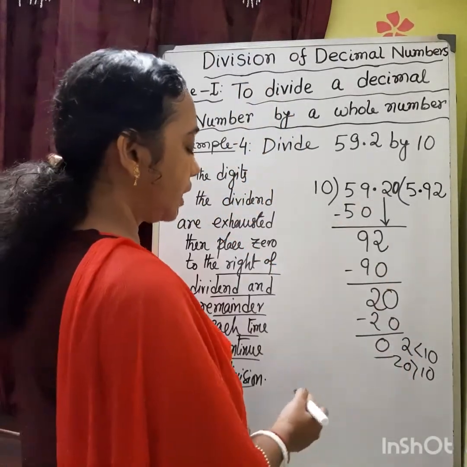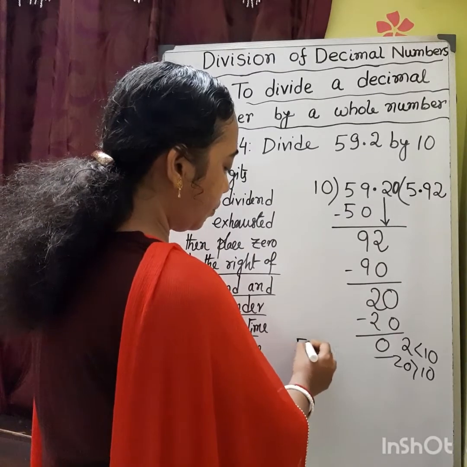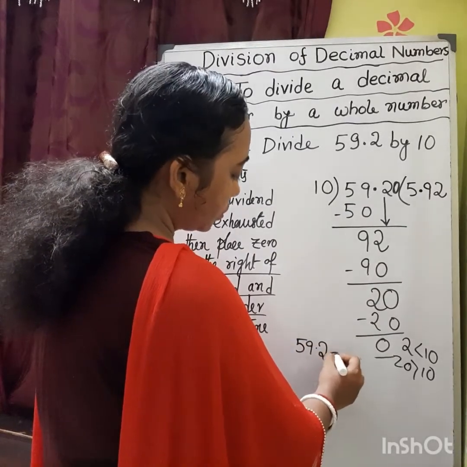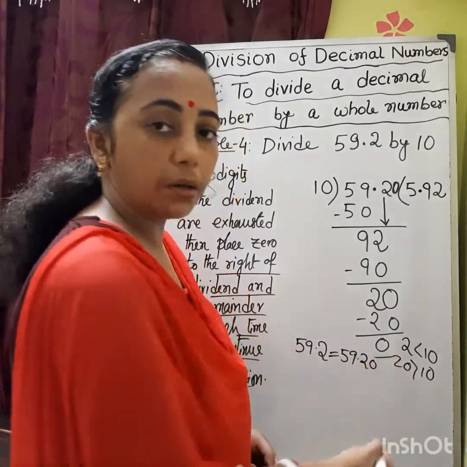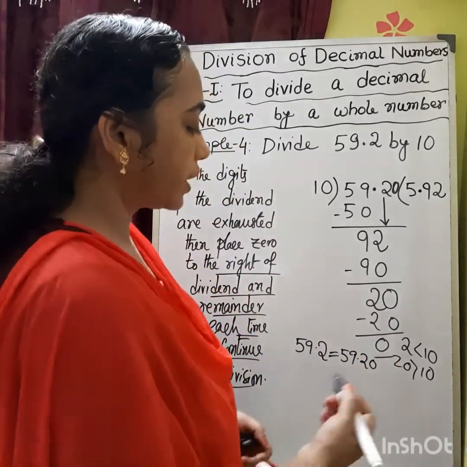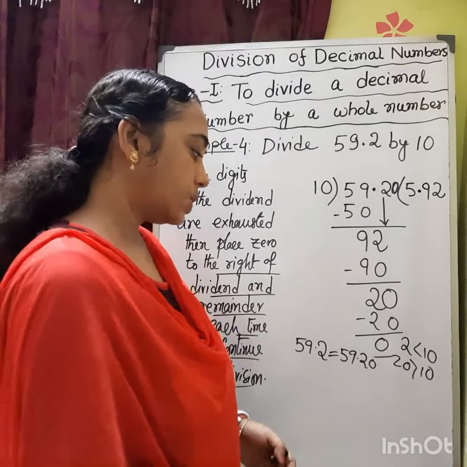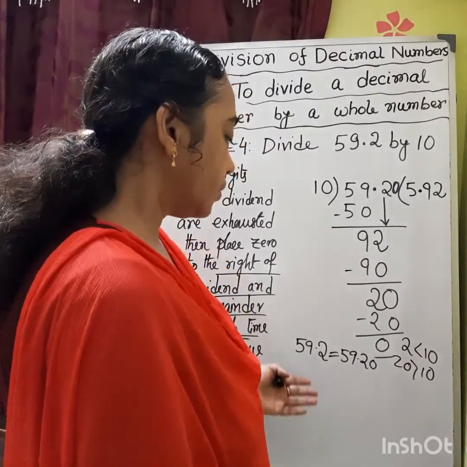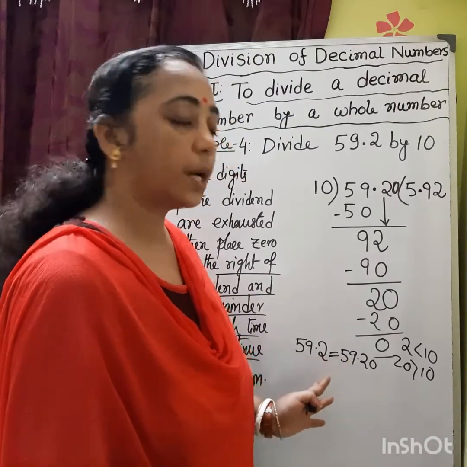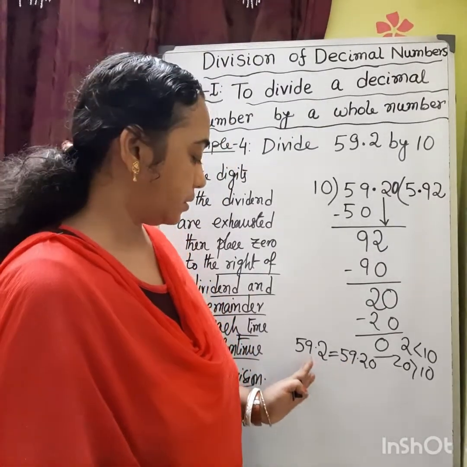So here now we can see that 59.2 is equal to 59.20, or we can put one more 0, or we can put 2 more zeros. In this way we can put as many zeros as we like. So in this case the value of the decimal number will remain unchanged.